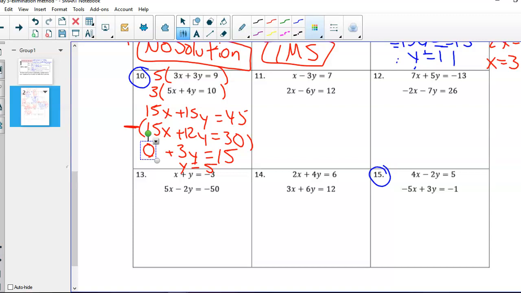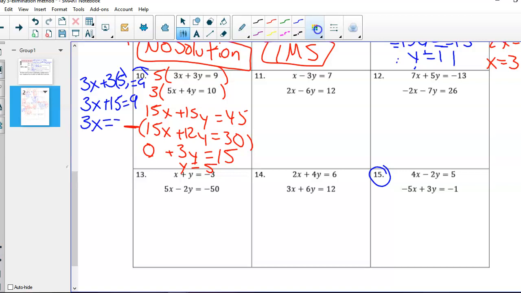I'm just going to pick the first one. Right, so 3x plus 3 times 5 equals 9, and we need to solve for x. When we subtract 15, we get what? What number did you say?